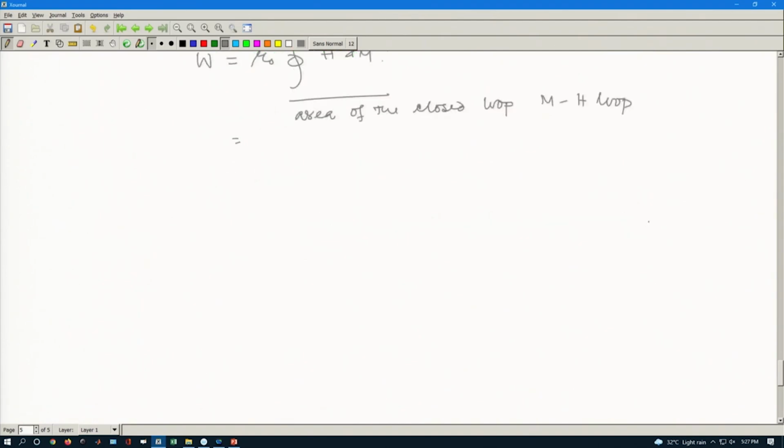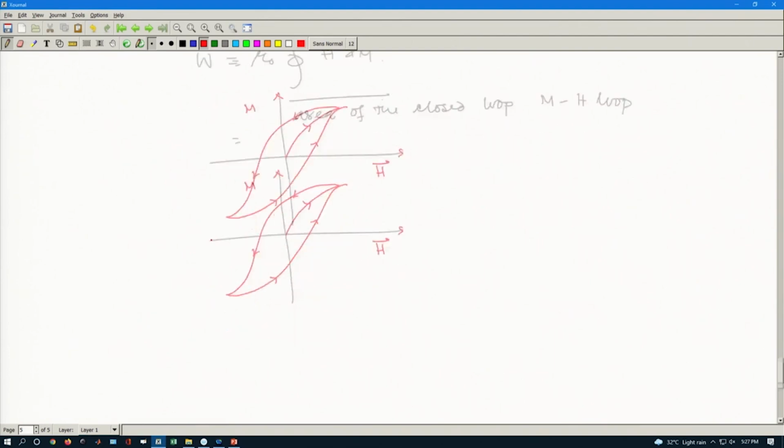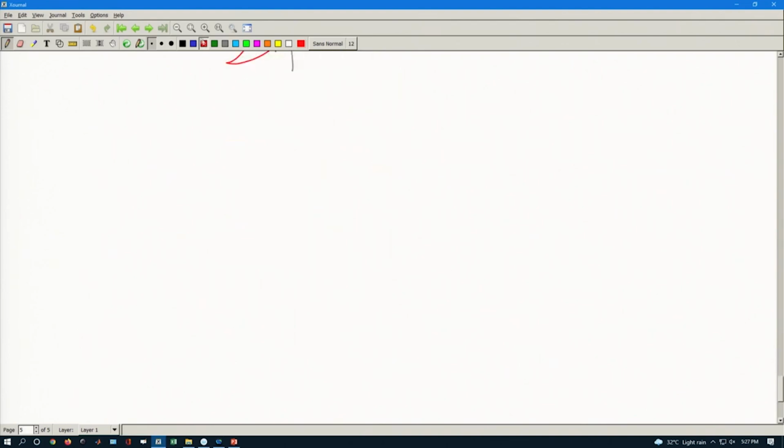The MH loop we have already drawn, so this is the form of the loop. We plotted H and M this side. It should have an area, and if I calculate this closed area, that eventually gives me the amount of the loss.